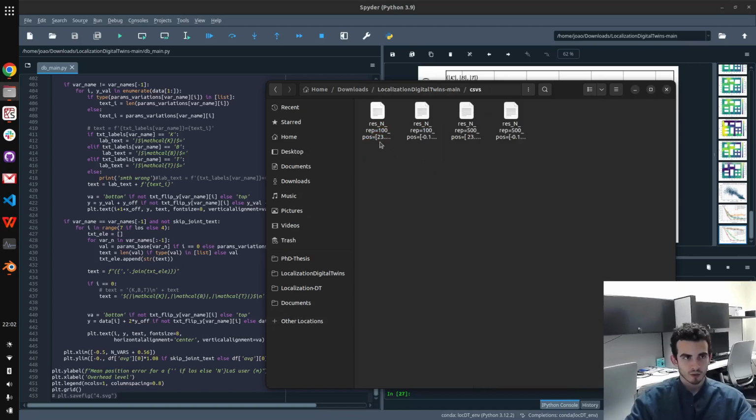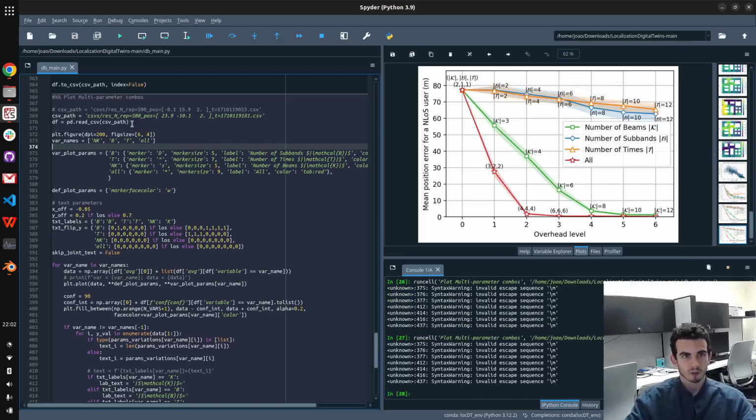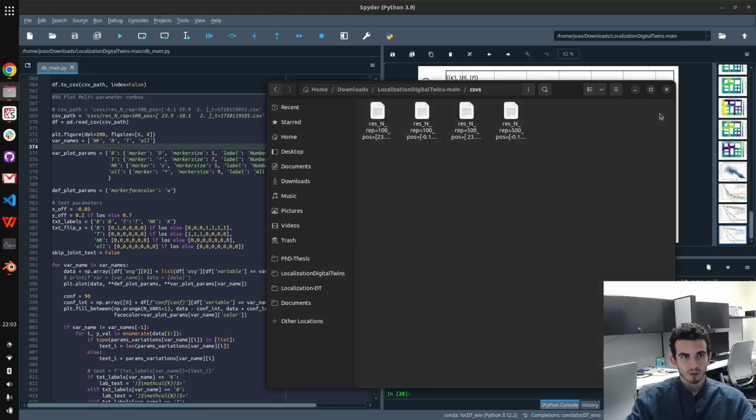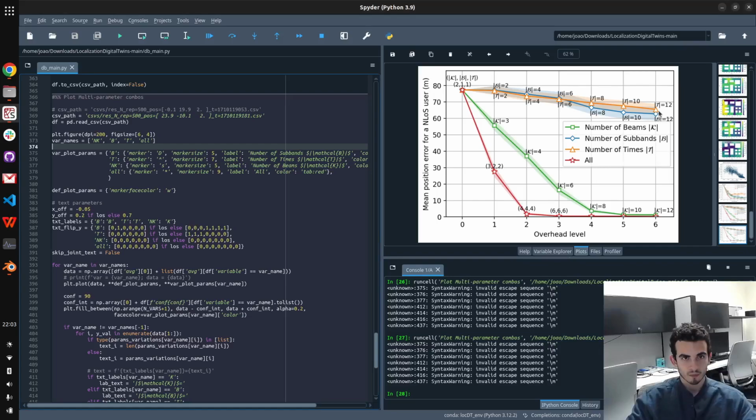Oh, by the way, if you want to generate exactly the same figures as in the paper, you just have to uncomment that. And you get exactly the same figures as we got in the paper. I'm going to fix this error before giving this to you. I don't know what's going on now.